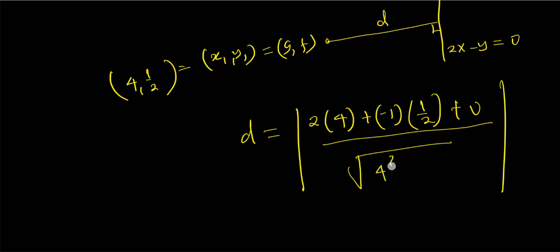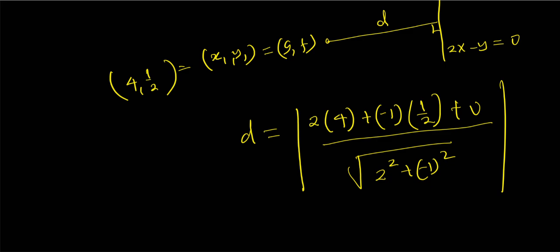So we have 2 square plus negative 1 square.